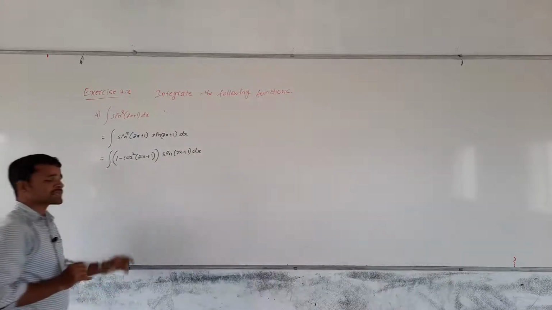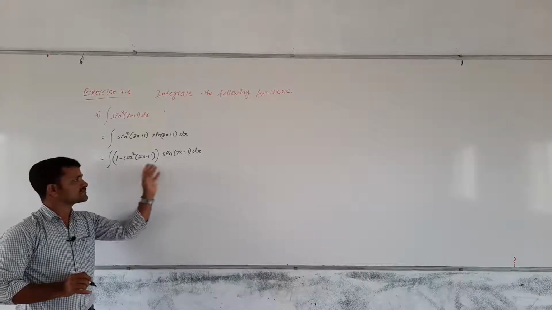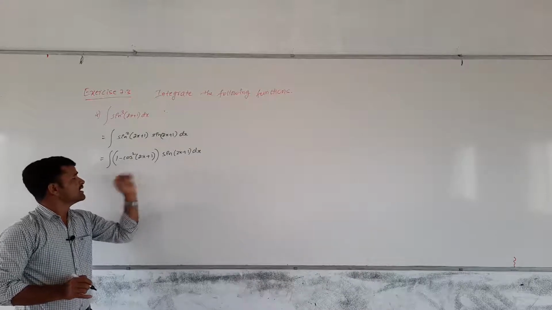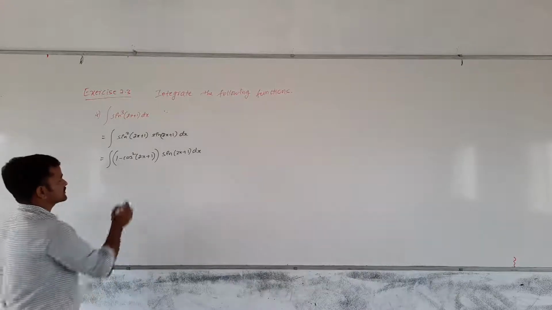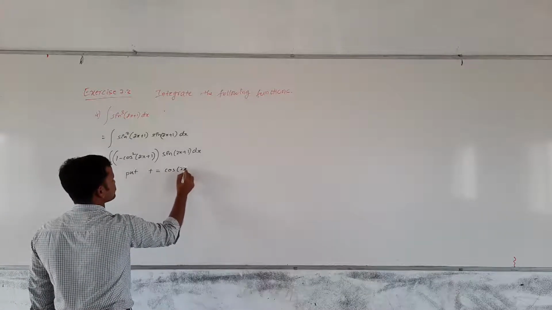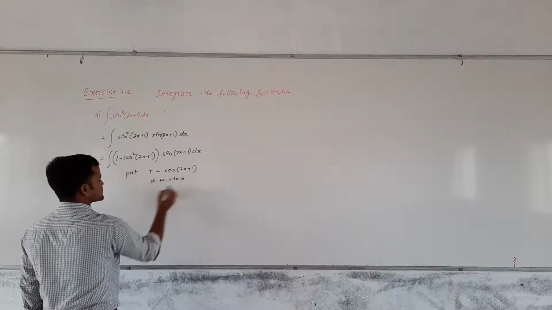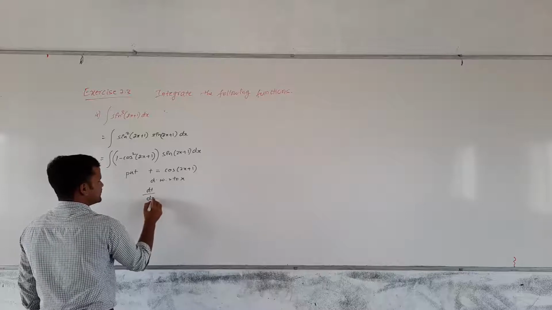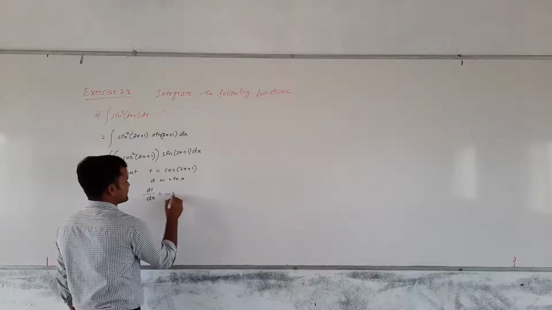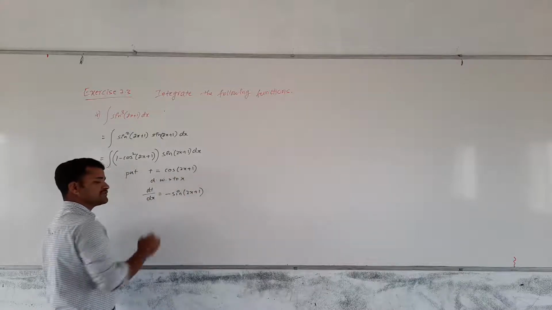Now you see here, suppose we substitute t is equal to cos of 2x plus 1, its differentiation gives us sine 2x plus 1, then very easy to integrate it. Differentiating the function with respect to x, we have dt by dx is equal to differentiation of cos, which is minus sine 2x plus 1, into differentiation of 2x plus 1.